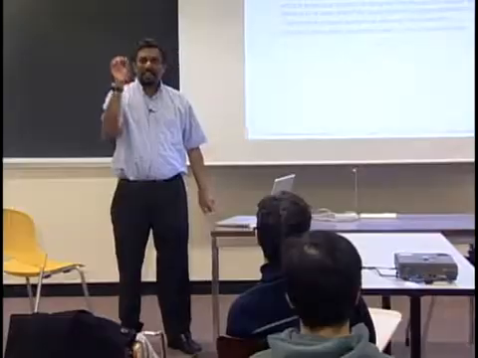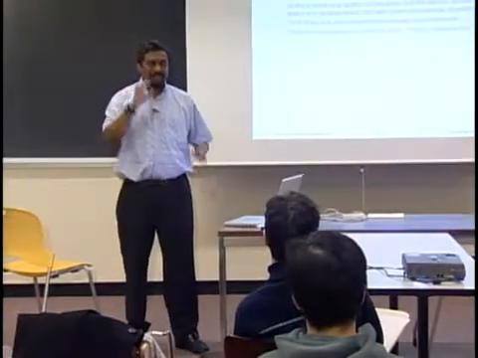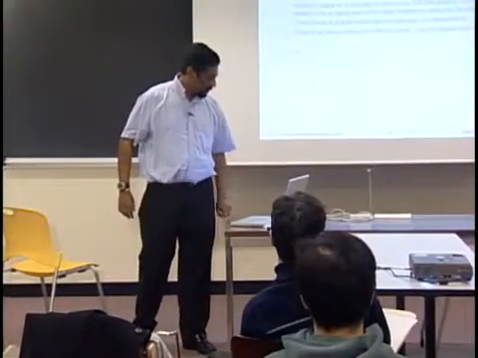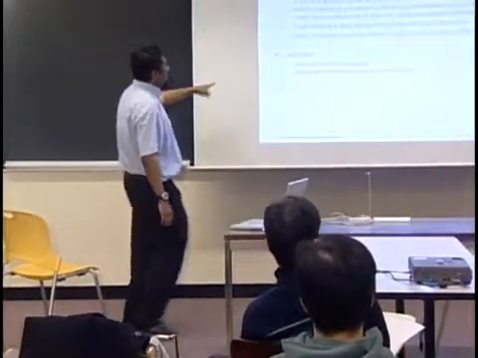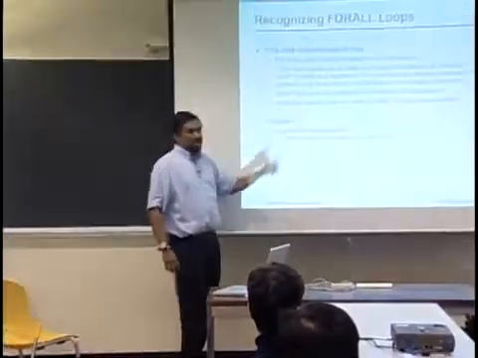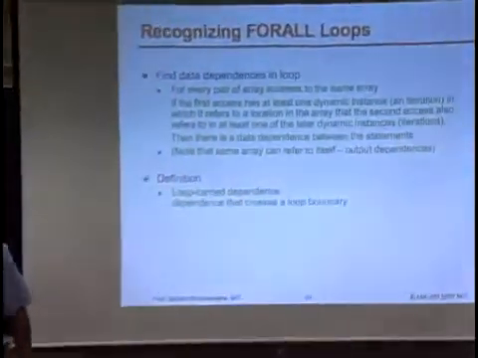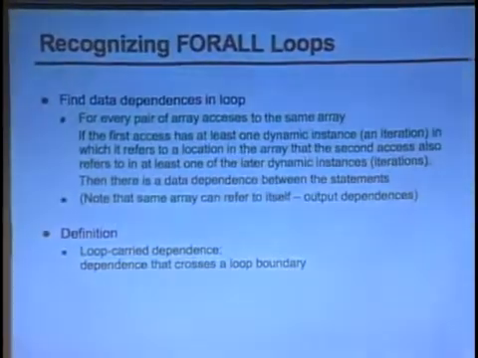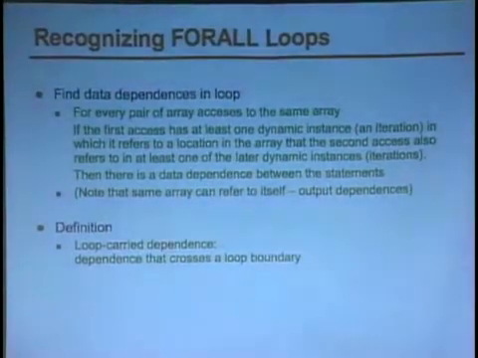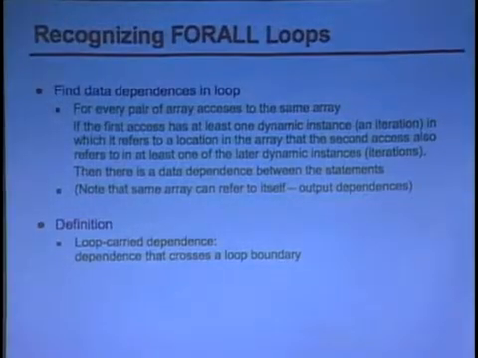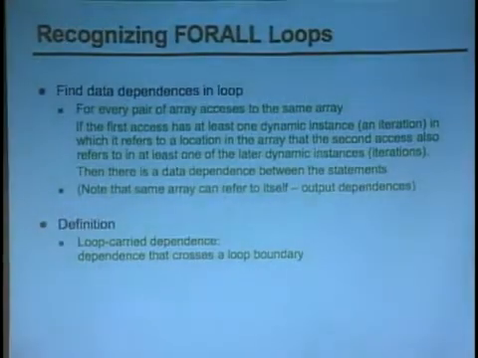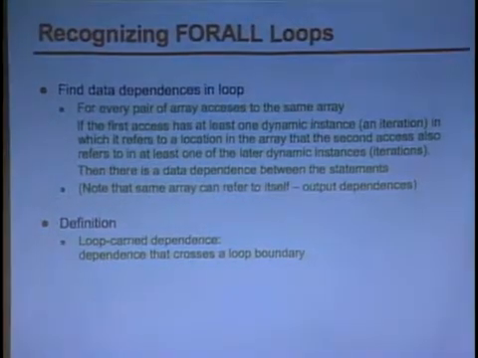And the key thing is we are looking at locations. We are not looking at value paths, just who's accessing the same location. Loop carried dependence means the dependence crosses a loop boundary. That means the one who read and the one who wrote are in different loop iterations. If you're in the same iteration, then it's all local, because in my iteration I move data around.